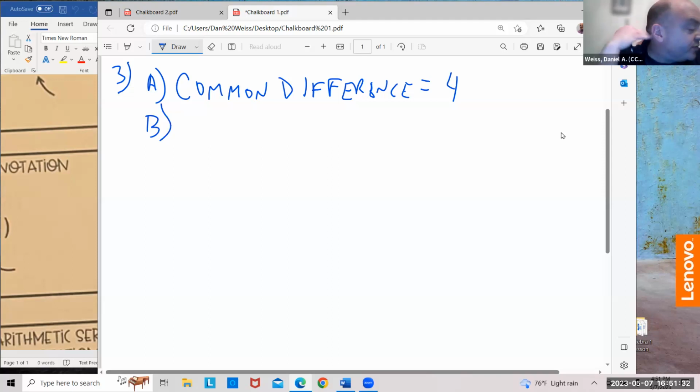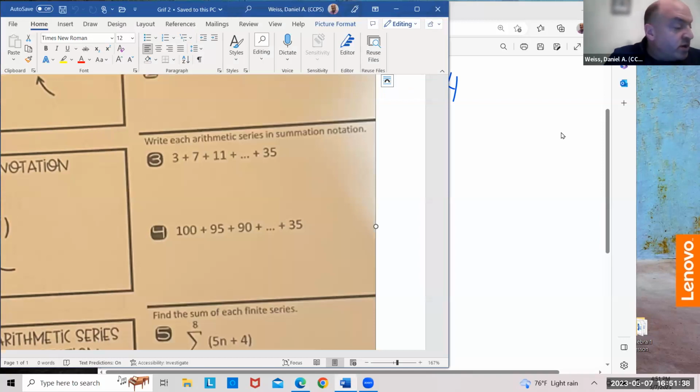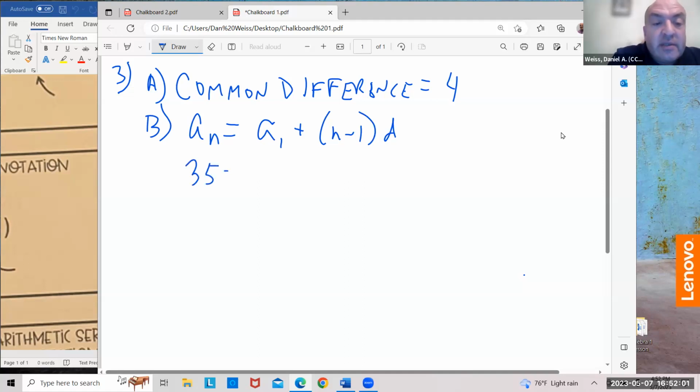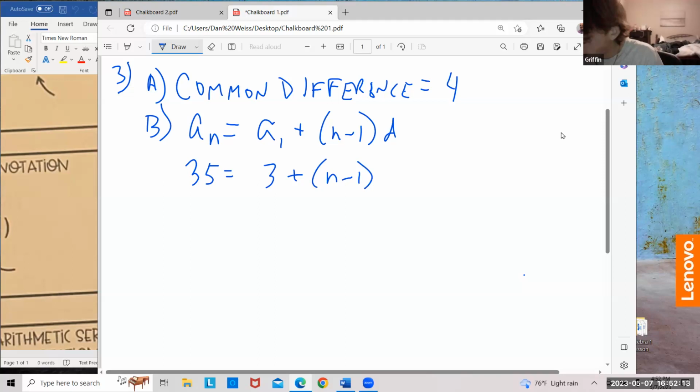Now we need to find the number of terms. Again, we're going to use the first formula I gave you: an equals a1 plus (n minus 1) times d. So 35 equals 3 plus (n minus 1) times 4.